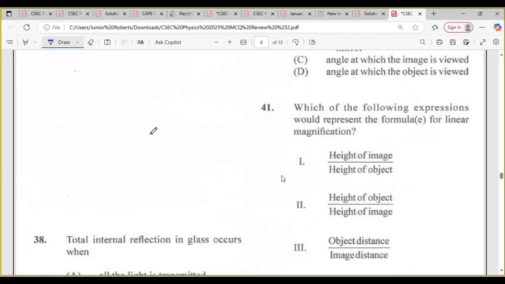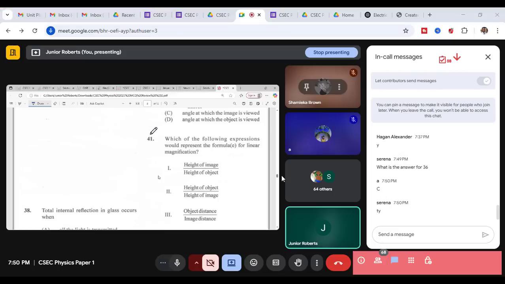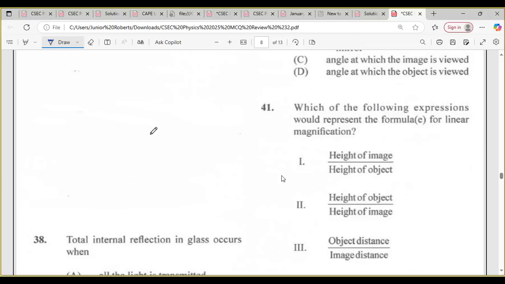41 now, which of the following expressions would represent the formula for linear magnification? So magnification M is the image distance over the object distance, or magnification is equal to the image height over the object height.